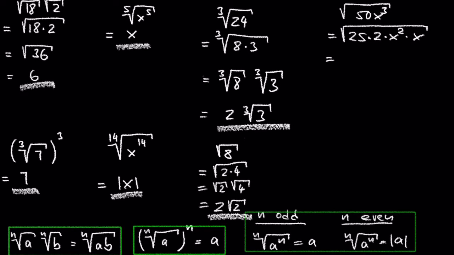After using the multiplication law for roots, we get the square root of 25 times the square root of 2 times the square root of x squared times the square root of x.